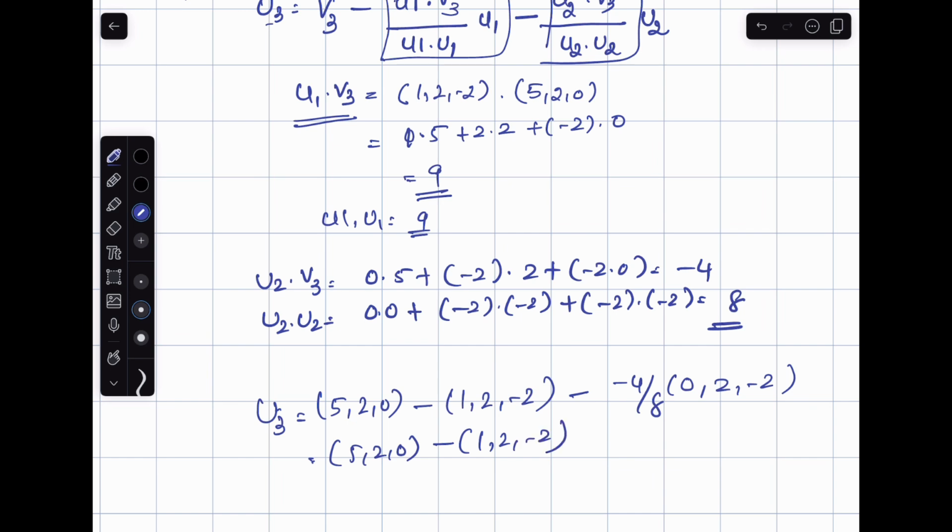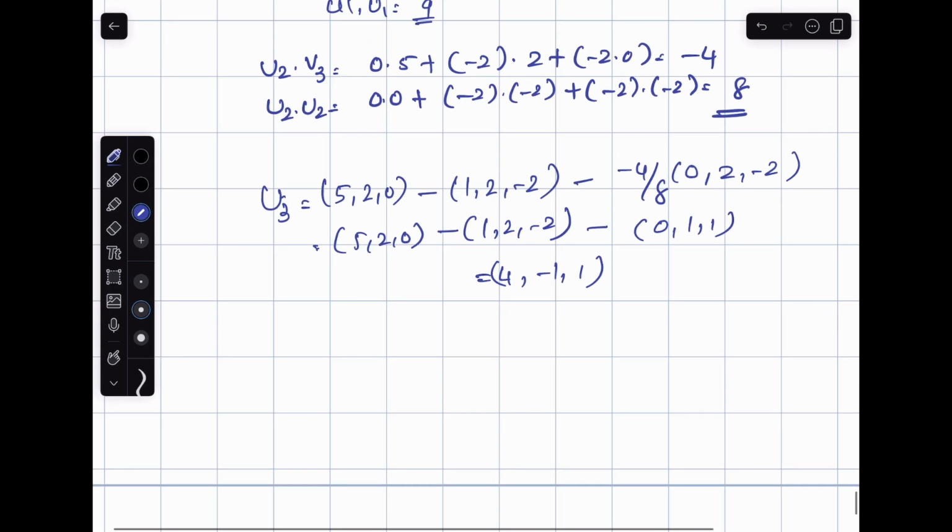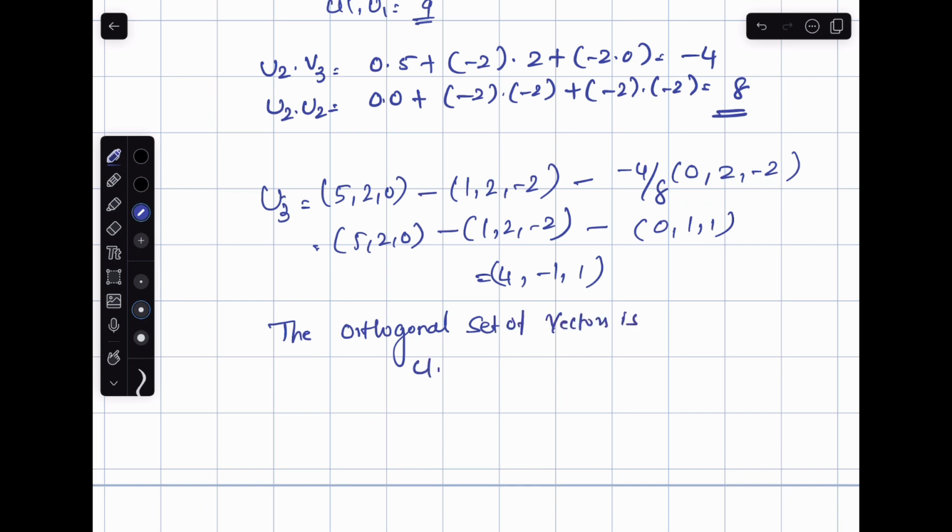Let me solve it. I'm getting the answer as u3 equal to (4, 1, minus 1, 1). Therefore, for the three vectors v1, v2, v3, I've got the three orthogonal vectors u1, u2, u3.